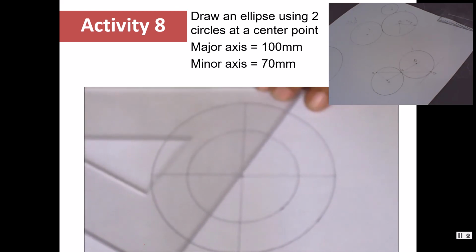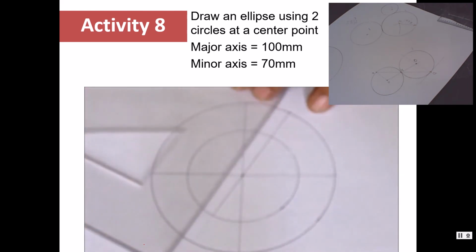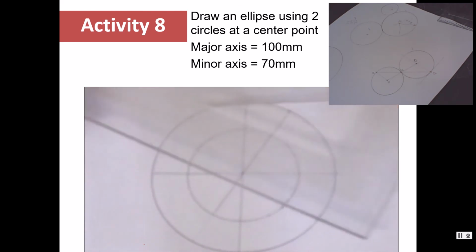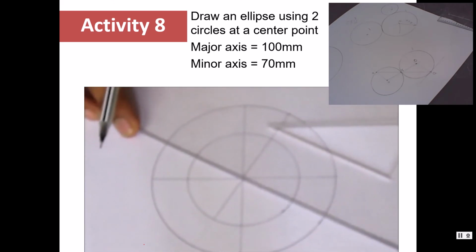Okay, by using the 60-30 degree angle ruler, you can draw the line by passing through the bigger circle and the small circle.